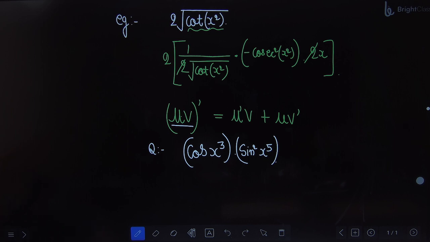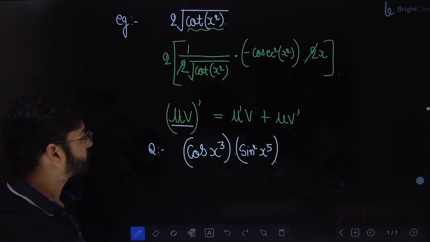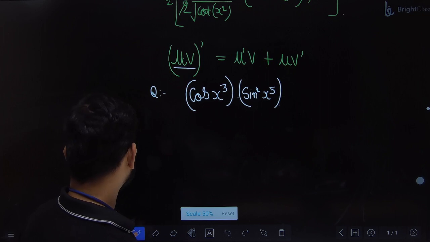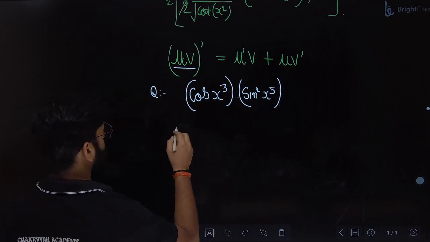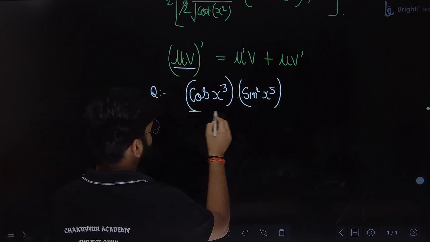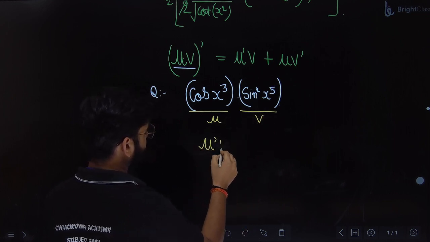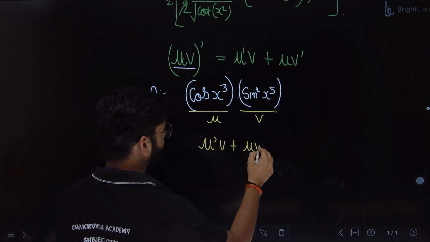Let's discuss it. If I take this as u and this as v, then the differentiation will be u dash v plus u into v dash.